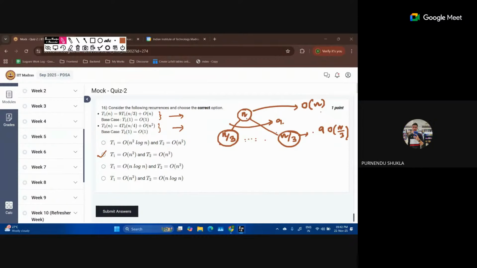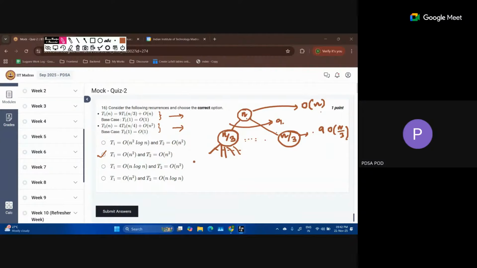Now for each of these we are going into 9 parts again. What will be the size? n by 3 divided by 3, so n by 9, which is n by 3 square.